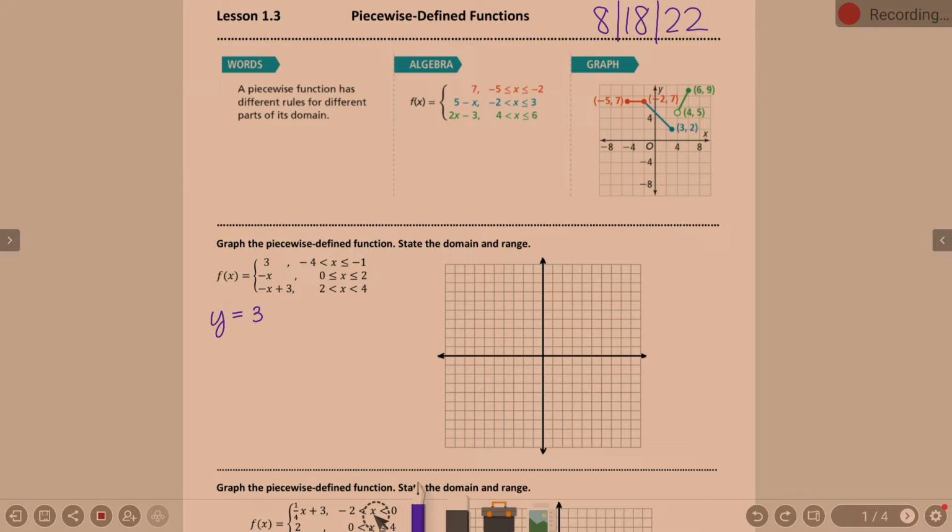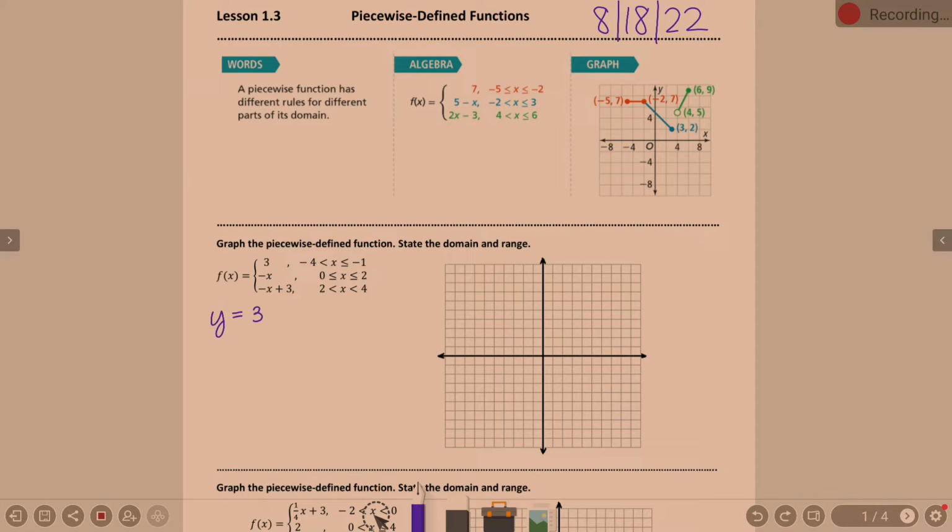But I also know as a teacher that your brains work better if I say y equals 3. So, how do I graph the equation y equals 3? Maybe this isn't the best piece to start off with, but what's a graph of the line y equals 3? Do we remember?